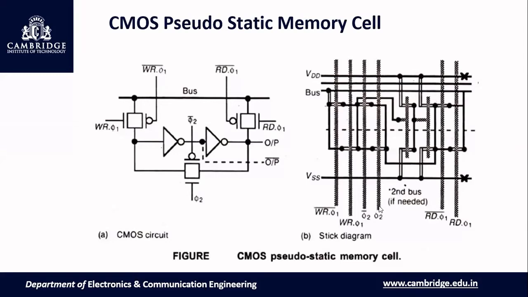If I use an NMOS pass transistor, logic 1 will be degraded by the threshold voltage. If I use a transmission gate, logic 1 will not be degraded. That's it. Understood, no? So in this way, you can try to analyze this CMOS pseudostatic memory cell.